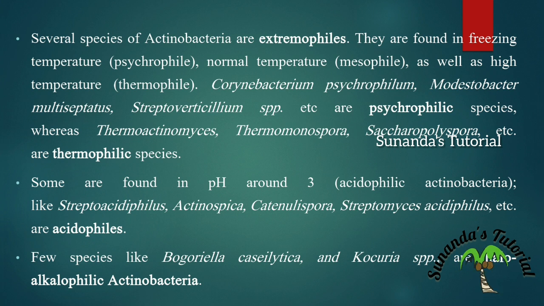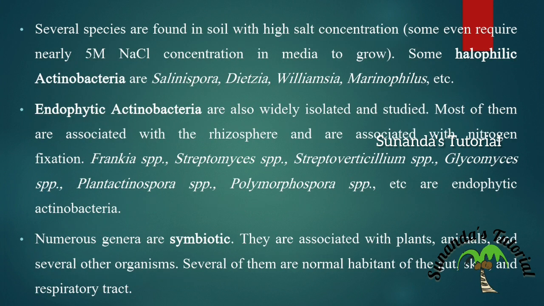Some species are haloalkaliphilic, found in halo, meaning highly saline, and alkaliphilic, meaning alkaline or basic conditions. Several species are found in soil with high salt conditions. Some are also endophytic actinobacteria, that means they live in the body of the host organism. And numerous genera are also symbiotic, showing symbiosis with plants, animals, and several other organisms.